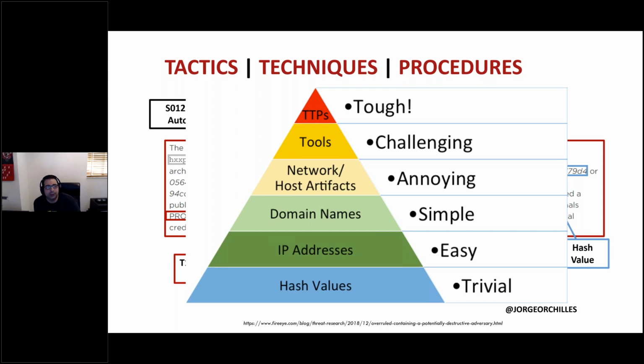We'll cover the C2 matrix shortly. You can use some of the tools that the adversary was using. But domain names, are you gonna acquire some domain name that was used by an adversary or IP address or create exactly the same hash value? Probably not. So just as defenders use the pyramid of pain, we like to focus on TTPs.